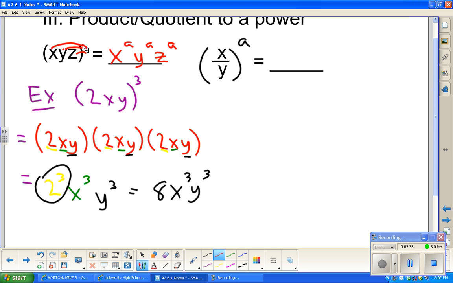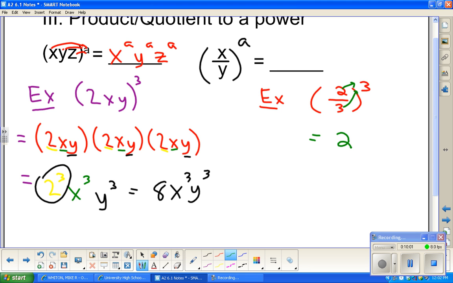Okay, fractions are the same way. If it was like 2/3 to the third or something, again, think of it like distributing. Take the numerator to the third power and the denominator.